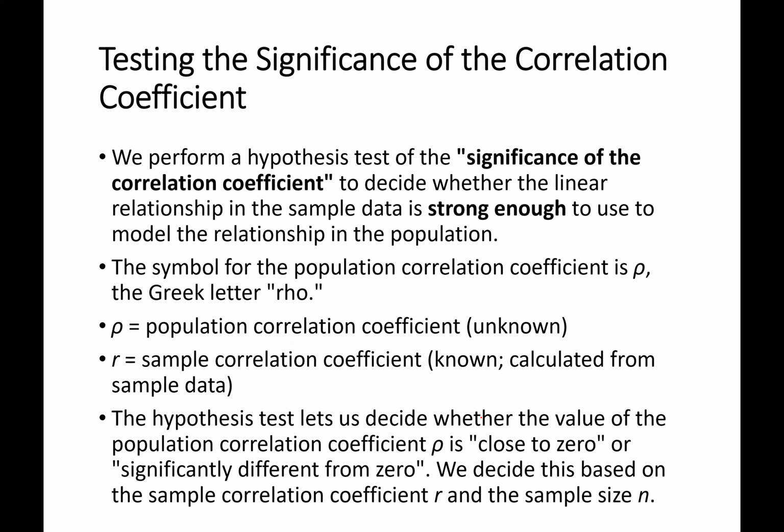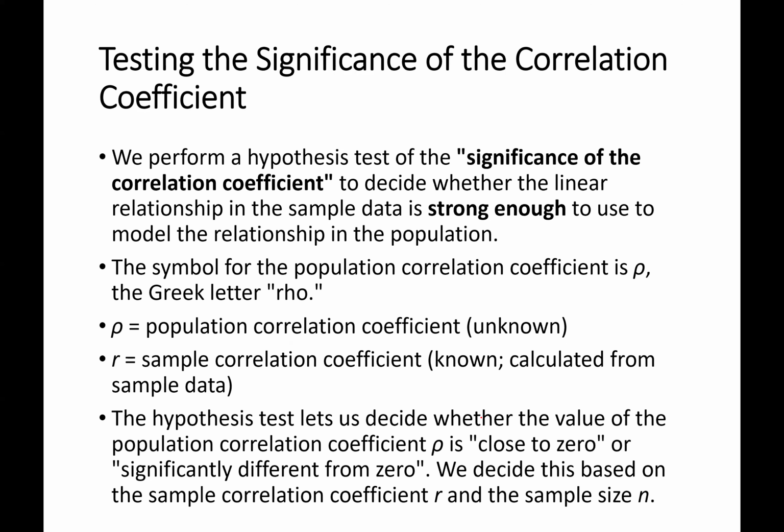We do this to decide whether the linear relationship in the sample data is strong enough to use to model the relationship in the population. So is the relationship between our independent and dependent variables strong enough that I can use this to predict information about the population?